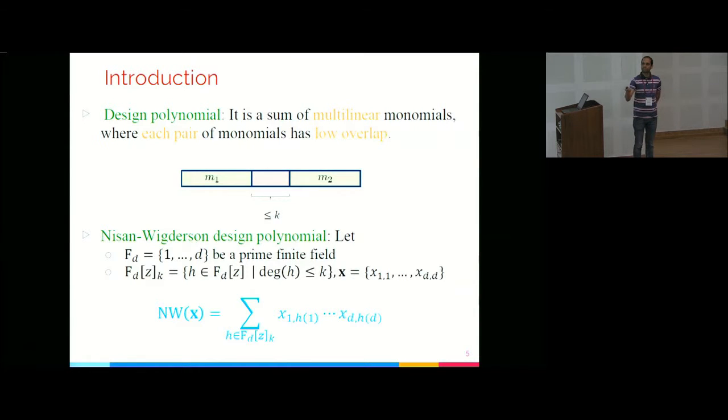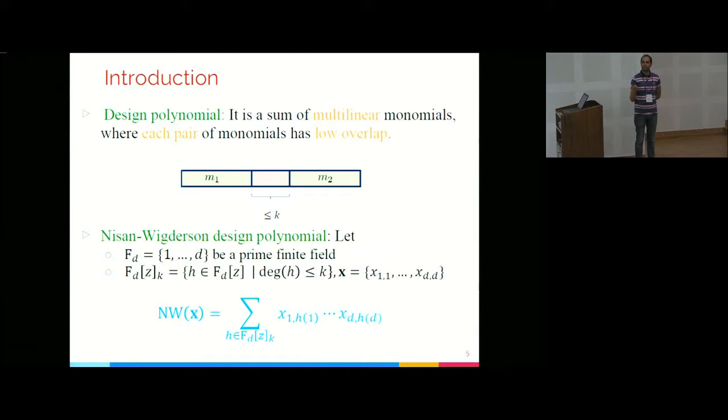You take a set of d square variables, x11 to xdd. Now you pick a univariate polynomial from this set, and then you define the monomial as shown on the screen, and then you run the sum over all such univariate polynomials. This gives you the polynomial, and we call it the Nisan-Wigderson design polynomial.